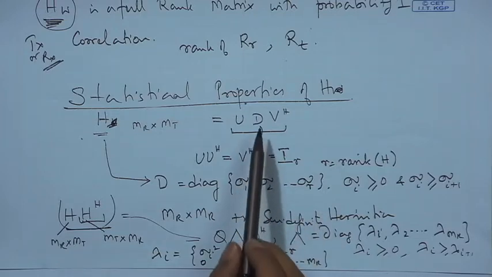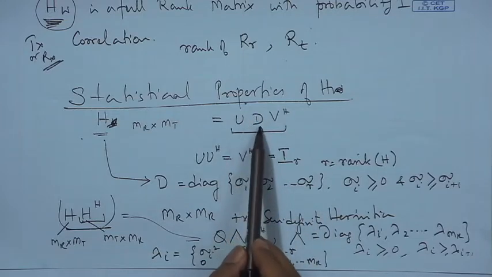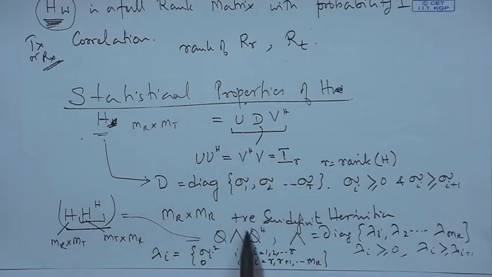When we do the eigenvalue decomposition, we will assume the first eigenvalue is greater than the second eigenvalue and so on up to the last eigenvalue, and they are all greater than or equal to 0.